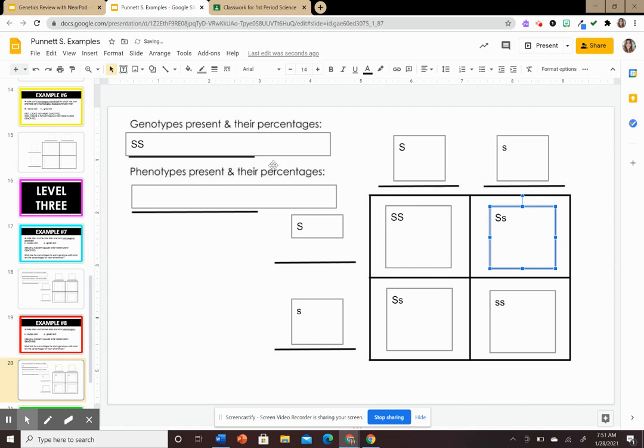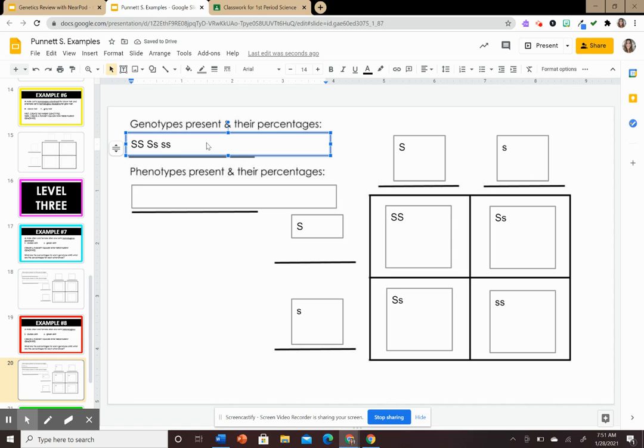Okay, this one is big S, little s. So that's another one that's present. And then here, this one's still big S, little s. We've already counted that. And then this one is little s, little s. Okay, that is 3 different genotypes that the baby aliens could possibly receive.